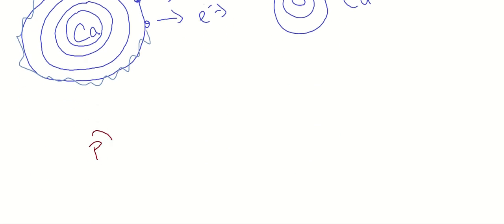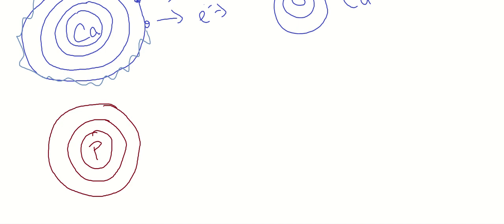So phosphorus, 15 electrons, is going to have 2 in the first one, 8 in the second one. That's going to have 5 valence electrons. Let's just draw them. There's your 3s, and there's your 3p sublevel.